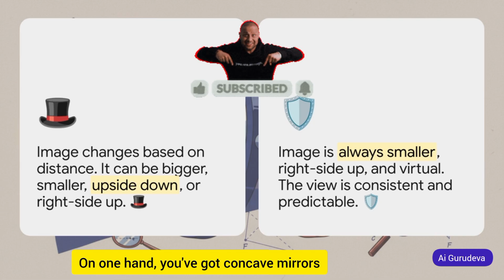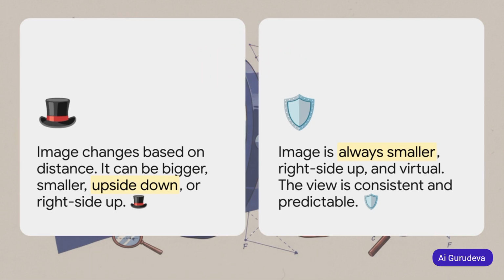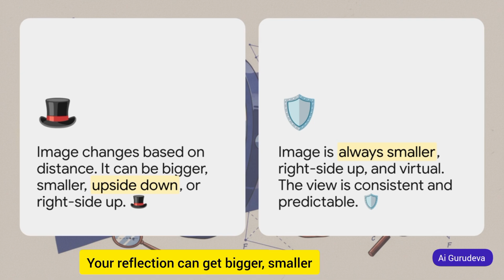On one hand, you've got concave mirrors, the ones that curve inward, like the inside of a bowl. These are the total shapeshifters. Your reflection can get bigger, smaller, or even flip completely upside down, all depending on how close you are. Then you have the convex mirrors, the ones that bulge out. They're the constants. They give you the same predictable, consistent view every single time.